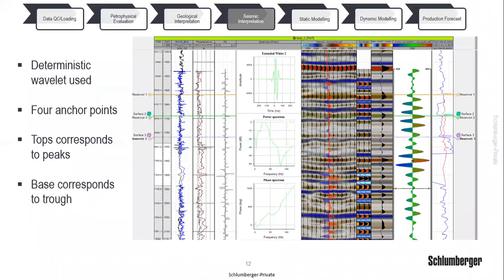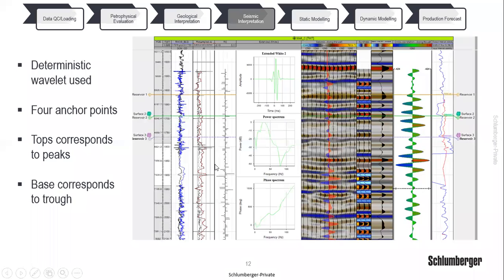So eventually, we also did seismic interpretation, basically trying to do a well to seismic tie to understand where you use the deterministic wavelet and then 4 anchor points. And if you understand what is called the surge and anti-surge data format, you understand what I'm talking about here.